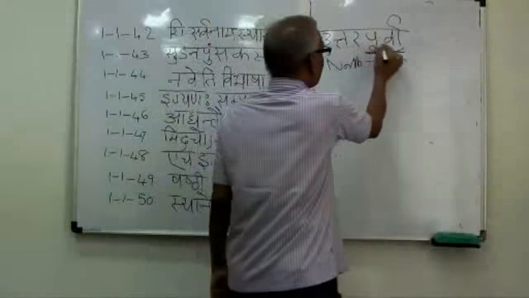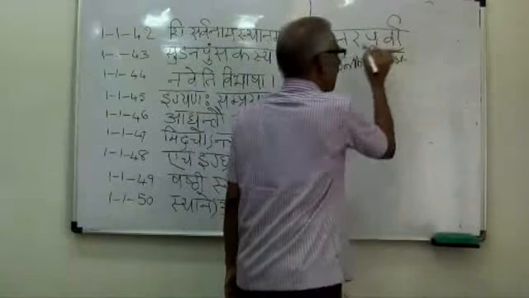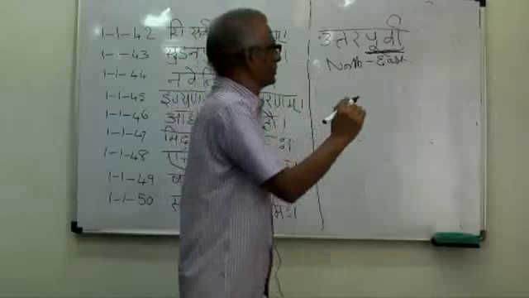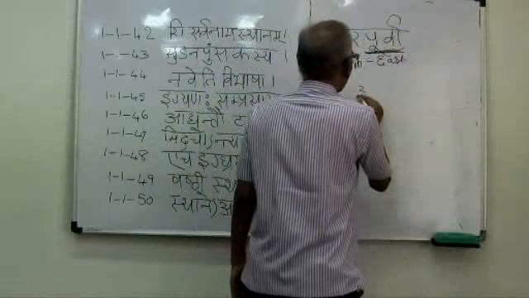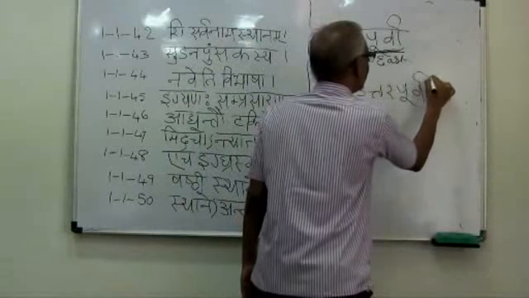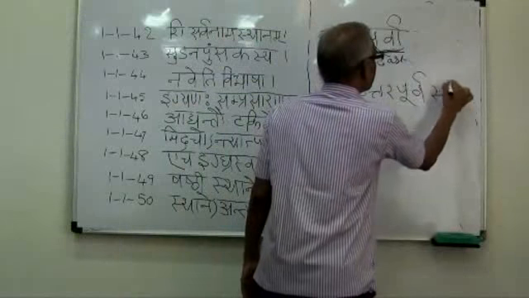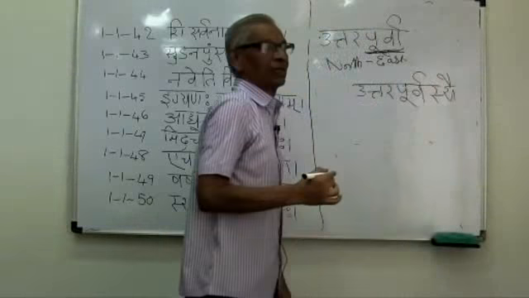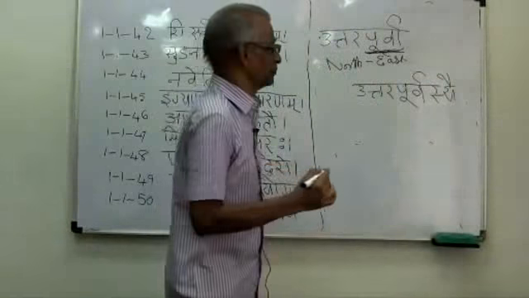That means in Uttara Purva, this word Purva is optionally Sarvanama. If it is Sarvanama, Uttara Purvasyai will be the form in the Chaturthi Vibhakti Ekavachanam.